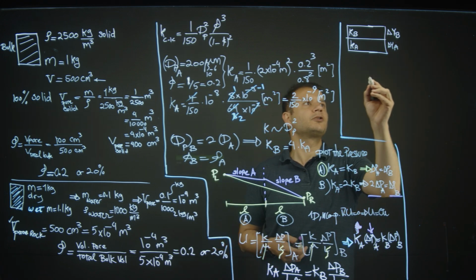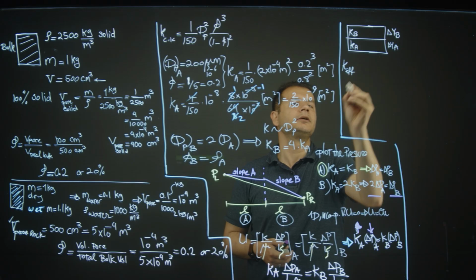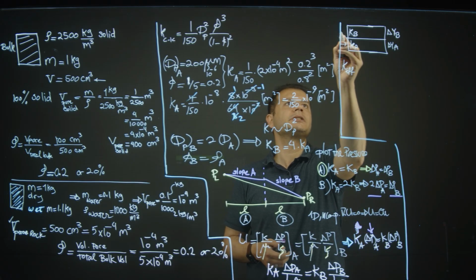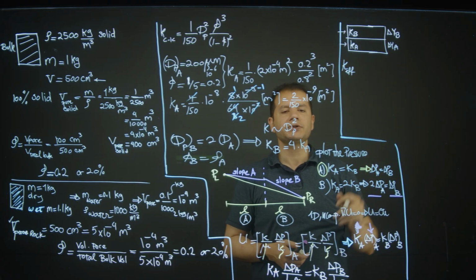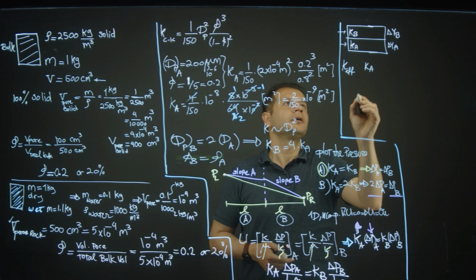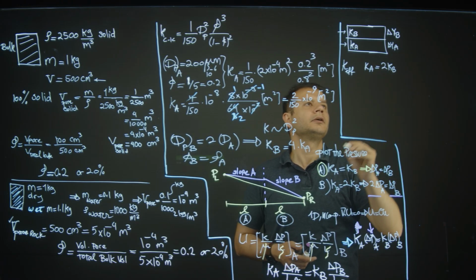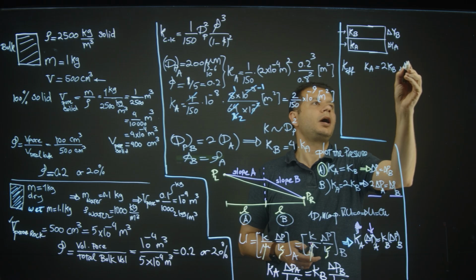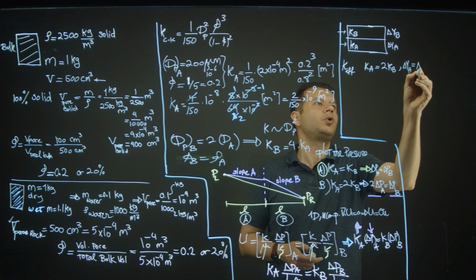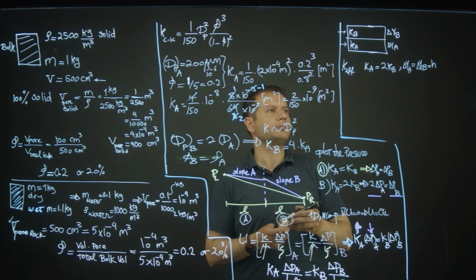Imagine I'm given a question: find the effective permeability for this system if the flow is parallel to the layers, for the case that Ka is 2 times Kb, and delta Ya is equal to delta Yb, both equal to small h, for example.